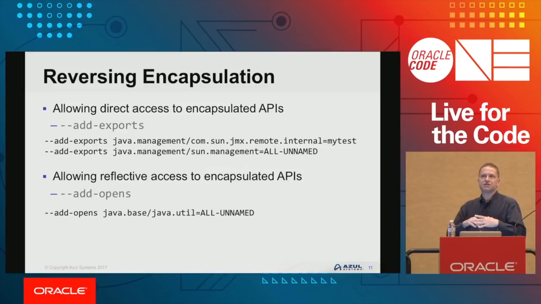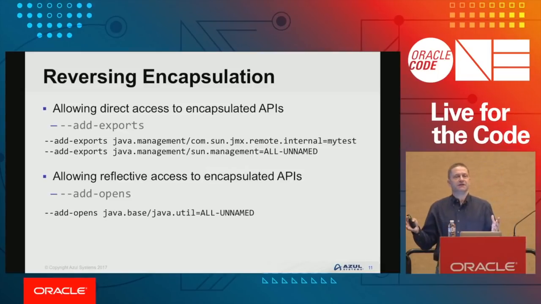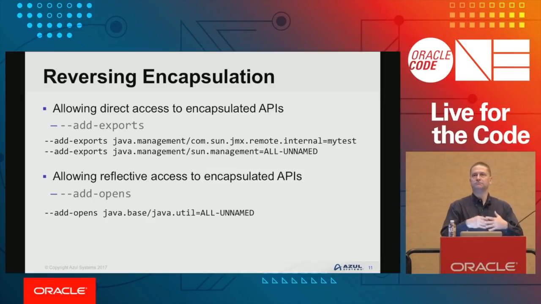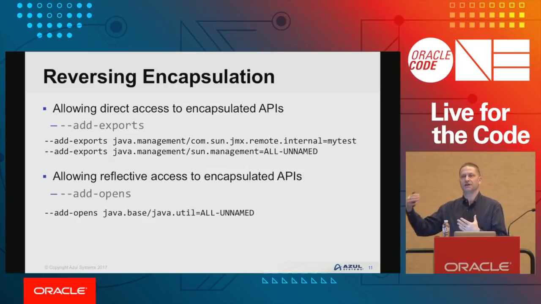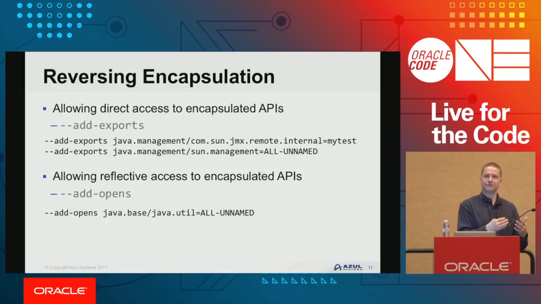If you don't want to just do the blanket idea of turning on access for all APIs, then you can do it in a more refined way. So you can say, okay, I want to add exports, which means that if your class is importing a particular package or a particular class and makes use of it directly, then you can do it with this flag.